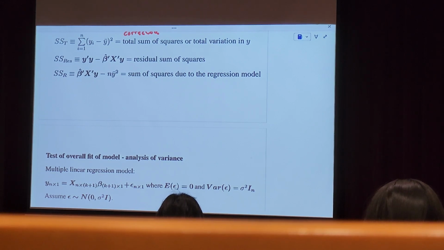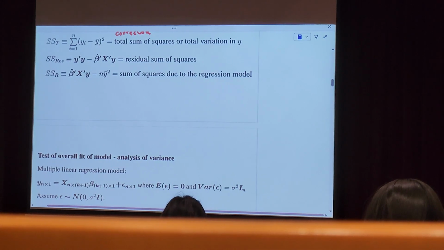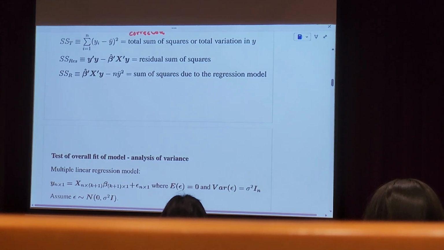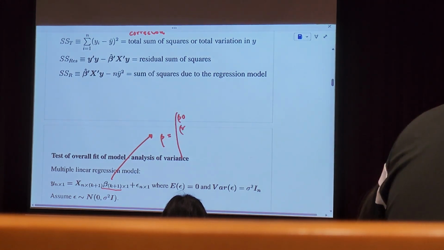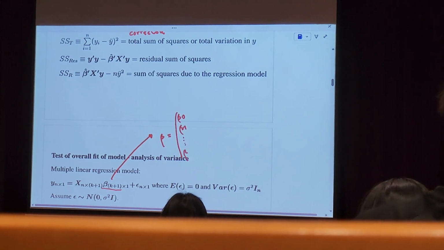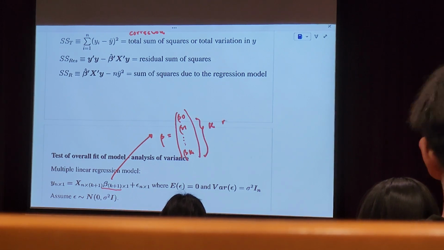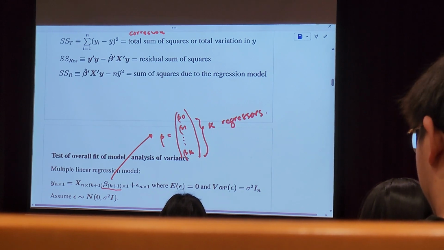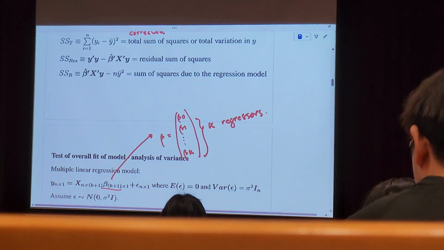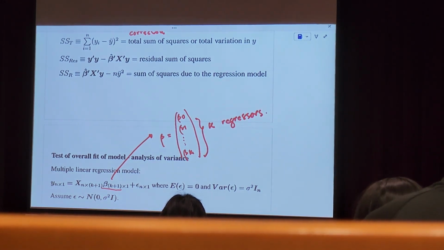So here I have k plus 1 regressors, and beta naught is the intercept.